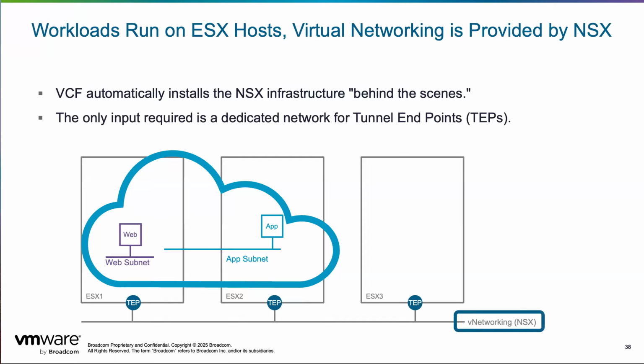You only have to provide a network for what we call the tunnel endpoints. It's basically, if you're familiar with ESX, a kind of VM kernel interface that is being used by NSX to provide interconnection. So this network that you need to provide is exactly the same kind of configuration that you will need for vSAN or vMotion.